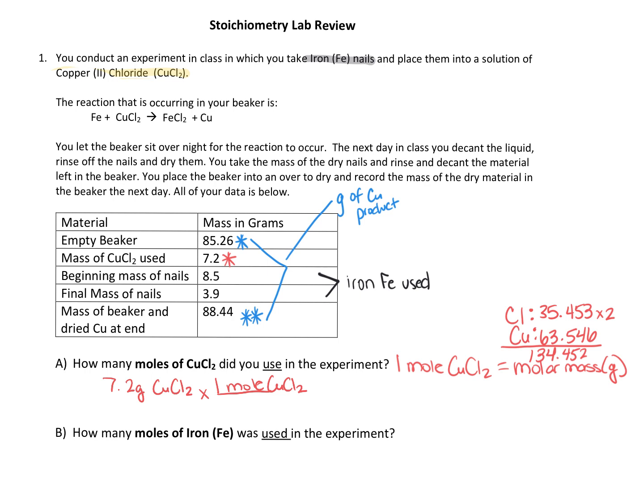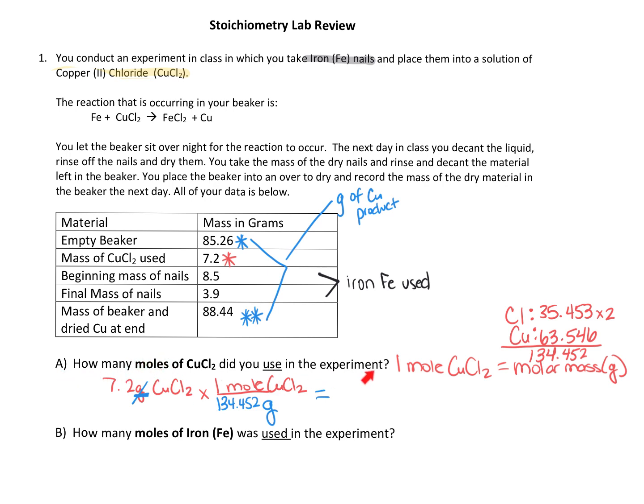So since I'm starting with grams and I don't want grams anymore, I'm going to put that molar mass, 134.452, on the bottom. So what we actually have going on here is we're going to take 7.2 times 1 and then divide it by 134.452. That's going to tell us the number of moles.